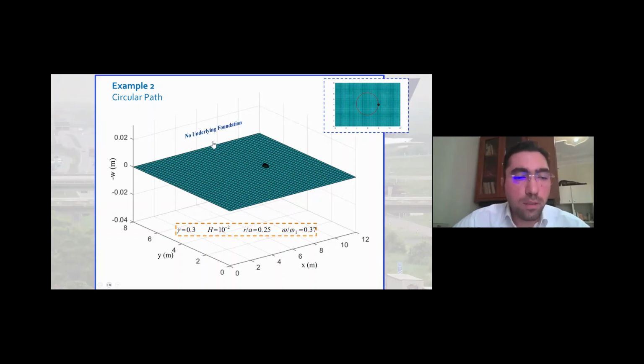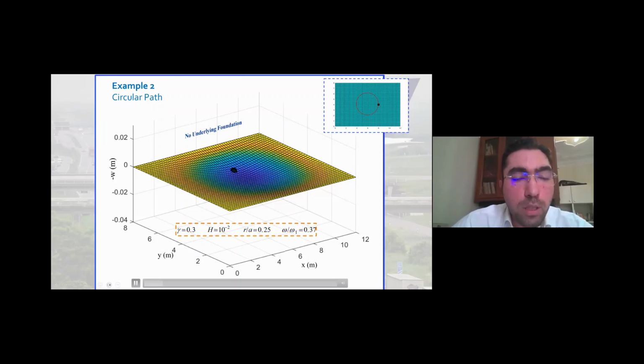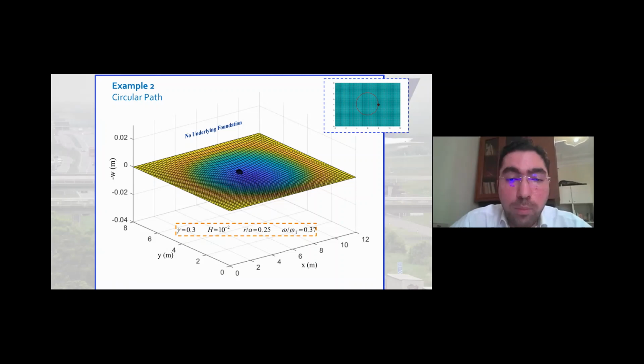On the next slide, the viscosity is increased tenfold, as you can see, while all other parameters remain unchanged. As expected, the amplitude of the plate decreases, which is consistent with our intuition and demonstrates that the proposed solution can effectively capture the effect of viscosity. It should be mentioned that the no foundation case is examined here in this example.